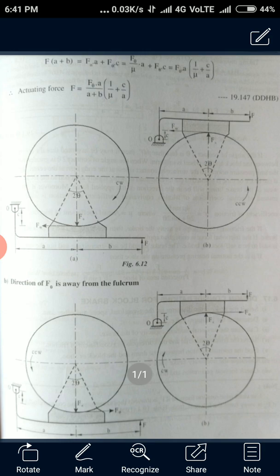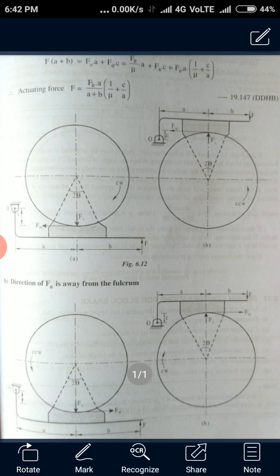So in this scenario, when the drum is rotating clockwise, again the tangential force F theta is moving towards the fulcrum. In figure A and figure B, the formula applied is F equal to F theta A divided by A plus B into bracket 1 plus mu plus C by A. Next, coming to the last case B, again here the tangential force F theta in figure A is below the fulcrum O and the center of the drum for both cases.